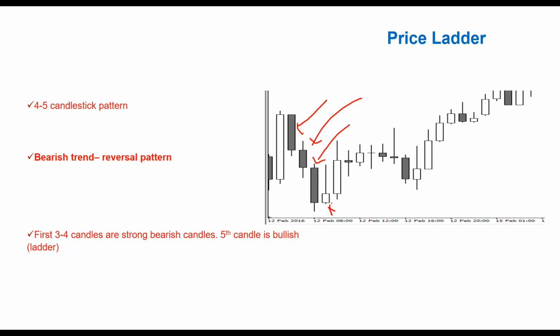But this is where it reveals its true nature. The fourth candlestick is a fake because it is bearish, but it didn't break through this low. You usually trade candlestick patterns not when they are closed, but rather when the high or low is broken. Do you see, guys, this price ladder here?